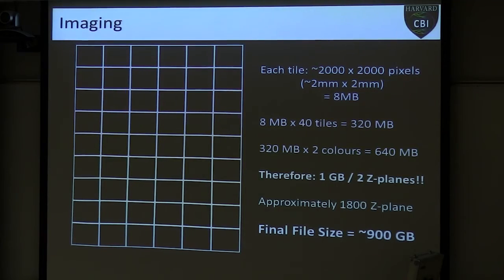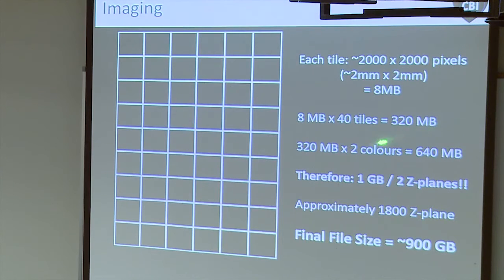We generally take about 40 tiles to cover an entire brain. So 8 megabytes times 40 tiles, you're at 320 megabytes now for a single plane. Do that in 2 colors, now you're at 640 megabytes. So you're pretty much at about 1 gigabyte for every 2 Z-planes that you do. It takes about 1,800 Z-planes to get through an entire brain. So that's why I say you're coming out with this file size in the 500 to a terabyte range. All right? So it's a little intimidating.